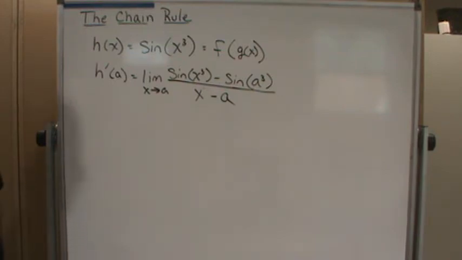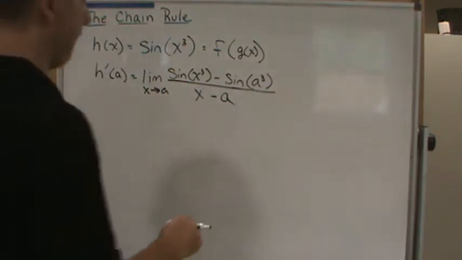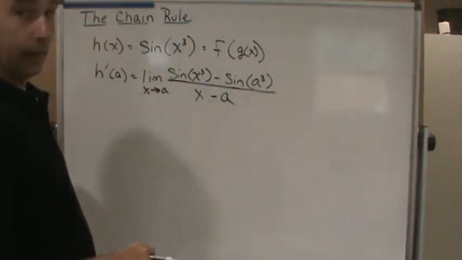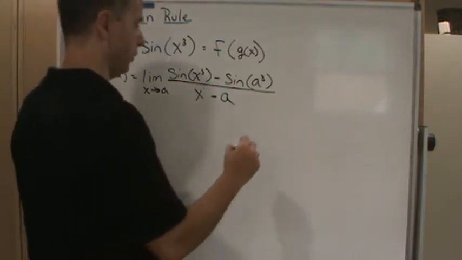Now, this doesn't really look like much, and it doesn't look like it'd be very helpful. So we're going to modify it by multiplying the top and the bottom by x cubed minus a cubed.